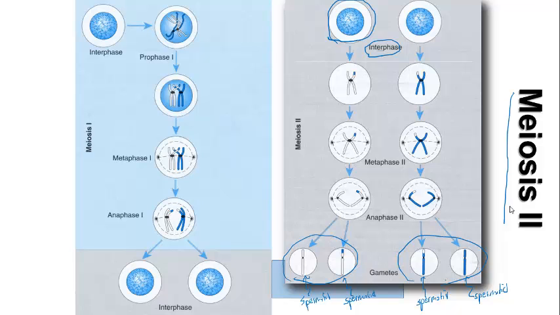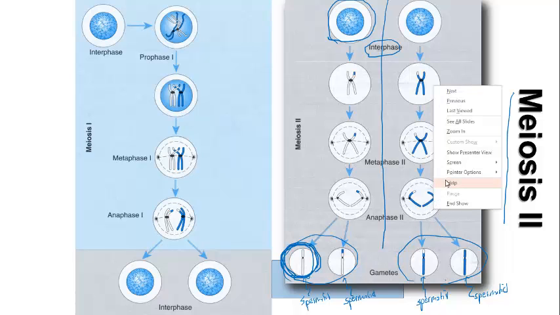So what's going to happen here is, after this one secondary oocyte undergoes meiosis 2, you're eventually only going to get one solitary ovum or egg. And the split is actually going to be asymmetric in its distribution of cytoplasm, much as it was in the female in meiosis 1.